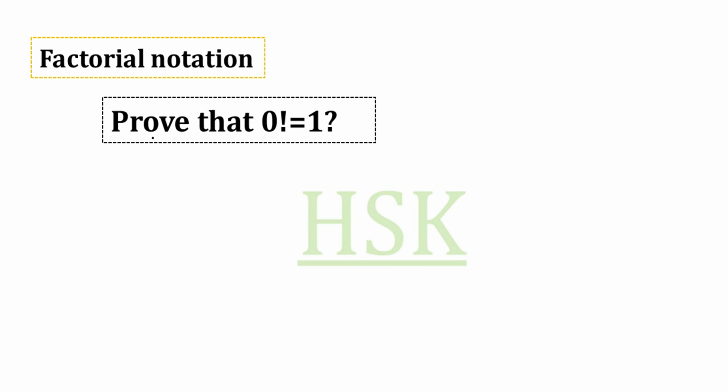Now we are going to prove that 0 factorial is equal to 1. We have defined that 0 factorial is equal to 1, but now we are going to prove it also. The previous result was that n factorial is equal to n into n minus 1 factorial.